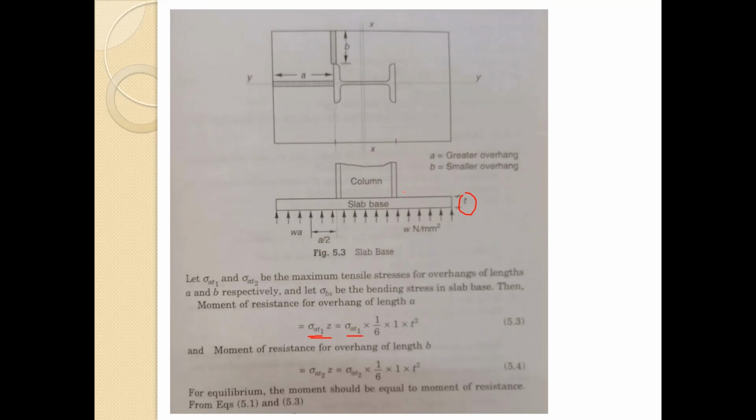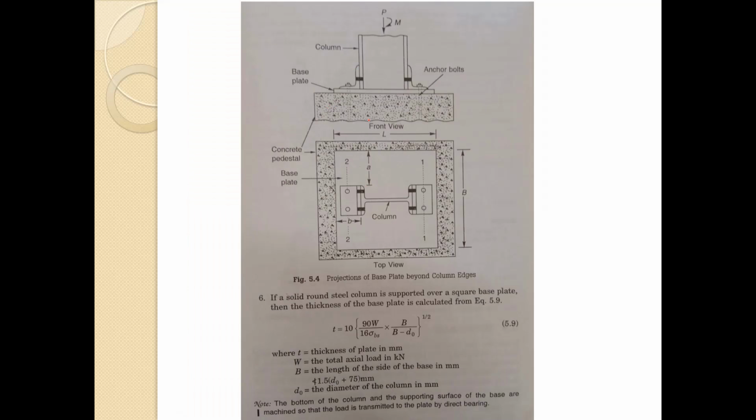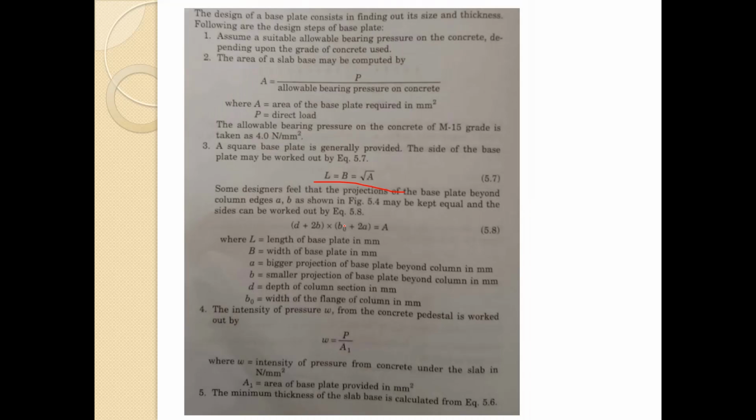The size of the base plate may be worked out using this equation because it is a square plate: L equals B equals under root A. Some designers feel that the projections of the base plate beyond the column edges, shown in this figure, that is this A and this A and this B, these projections beyond the column faces, can be kept equal and the sides can be worked out by using this equation.